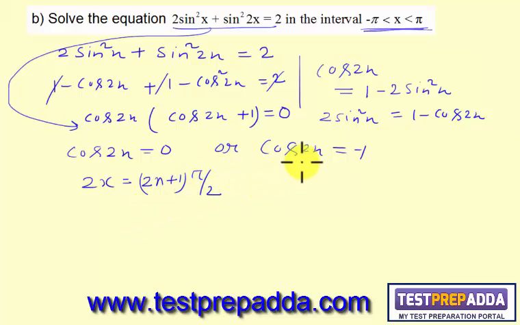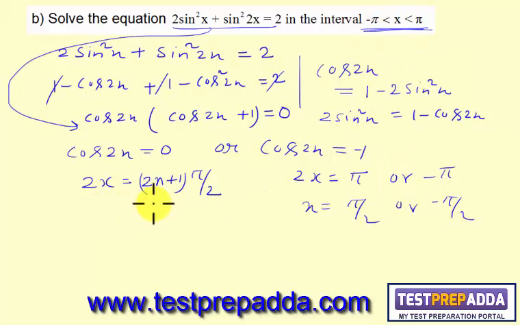And when cos 2x is equal to minus 1, then 2x is equal to, since it is between minus pi to pi, it will be either pi or minus pi, because cos pi is minus 1, cos minus pi is also minus 1. So 2x is equal to pi or minus pi, and x will be pi by 2 or minus pi by 2. That is within the range of minus pi to pi.